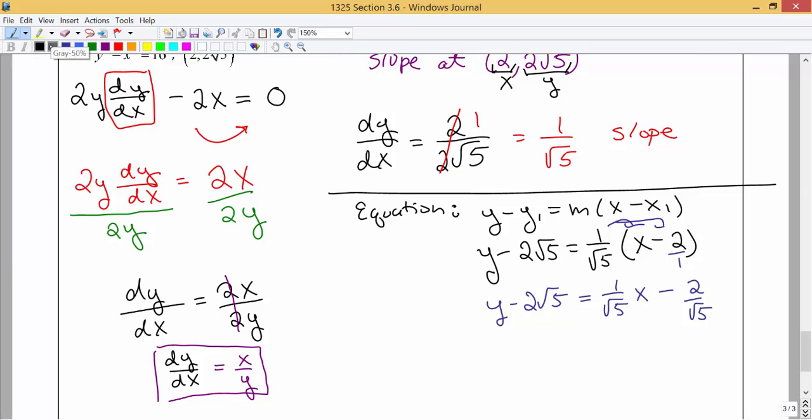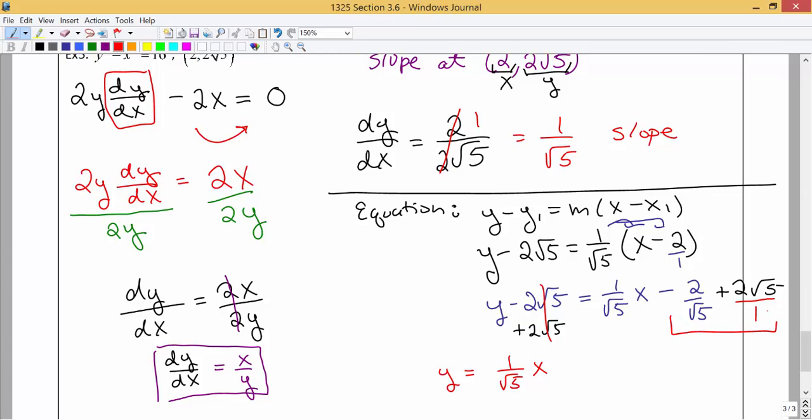And the last thing we're going to do is add 2 square root of 5 to both sides of the equation. So we end up with y equals 1 divided by the square root of 5 times x. And then we need to combine these fractions together. So we want to give them a common denominator. And that common denominator would be the square root of 5.